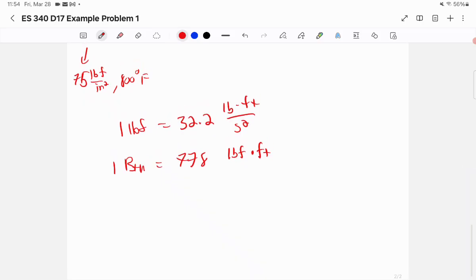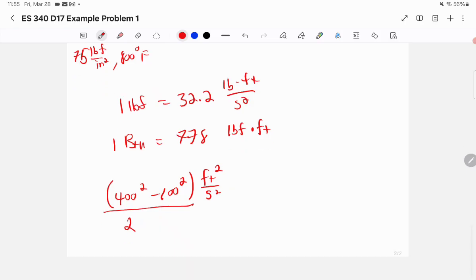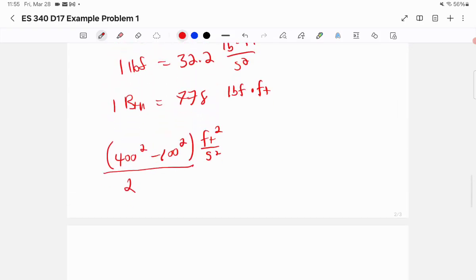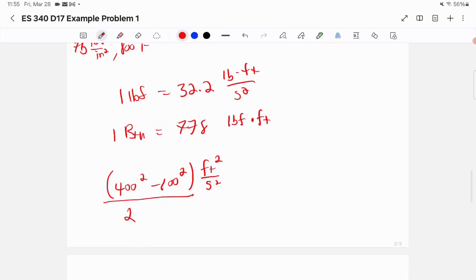Okay, so those two key conversion factors are going to help us here. So what we're going to end up with is we have 400 squared minus 100 squared feet squared per second squared, excuse me. That's going to be then divided by 2. And if we want, we can rewrite to get it out in terms of BTU per pound. So let's divide through here.